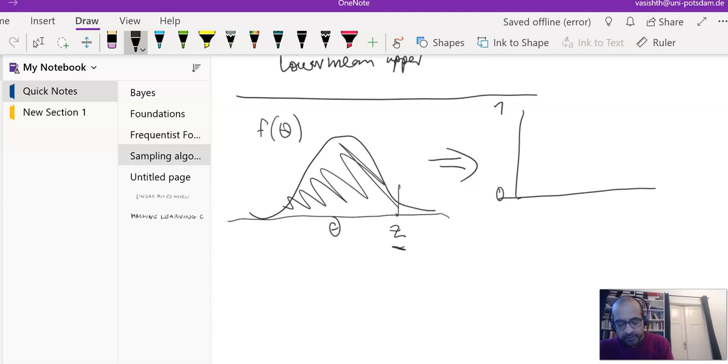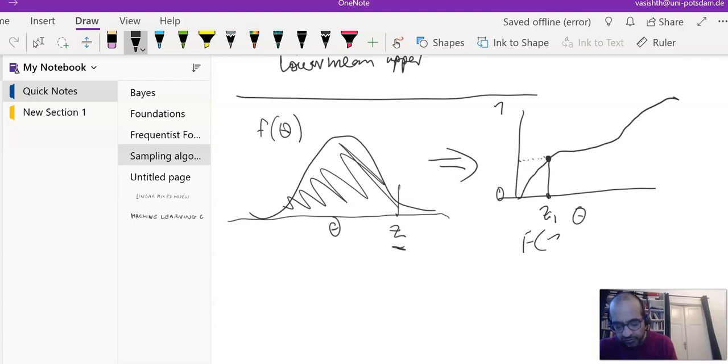So we can draw it like this. Different values of theta will have different probabilities, and we can look up in this CDF. If we look up this value here and go to this point in the figure, this gives us the probability of observing this value, let's say z1, or something less than that.